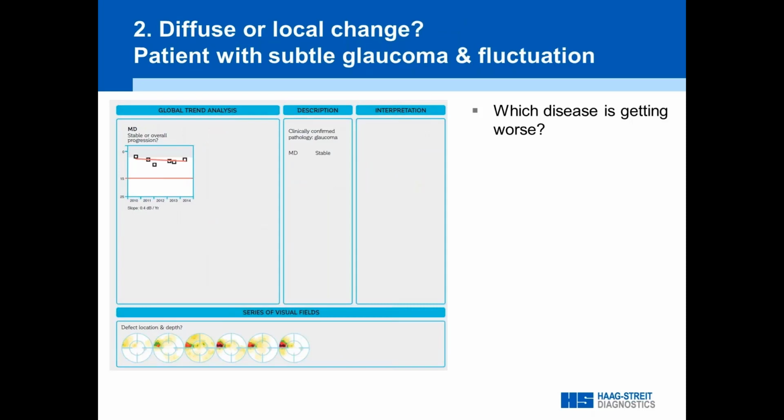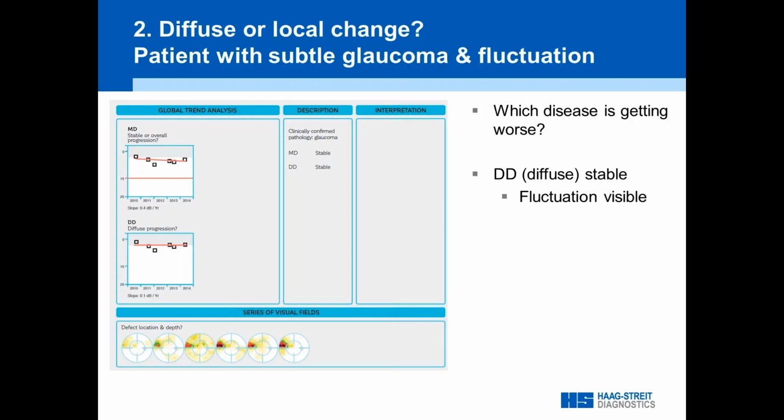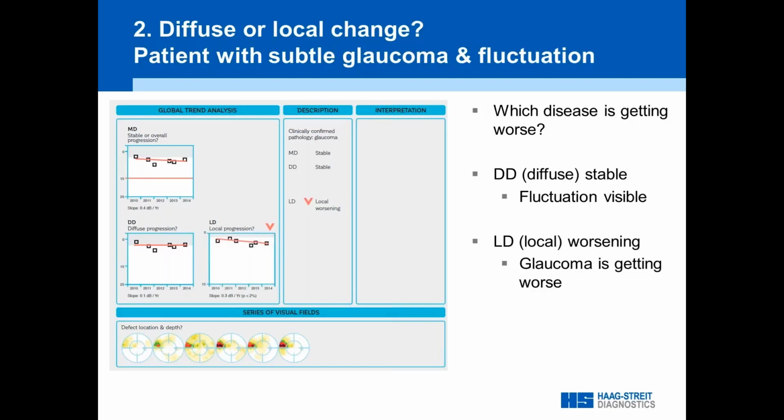Or as I said, if you have this huge amount of fluctuation, if you have the same here in the DD, right, and you can see visually this is really just diffuse change, then if you get rid of that and just look at local, you might actually be able to detect progression much earlier in the local defect because you get rid of a bit of that patient subjectivity fluctuation.